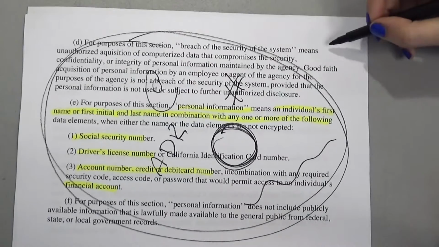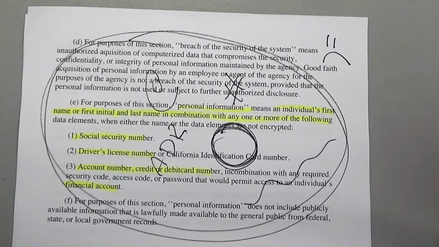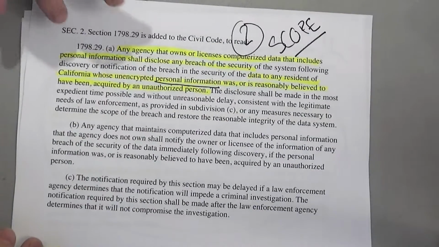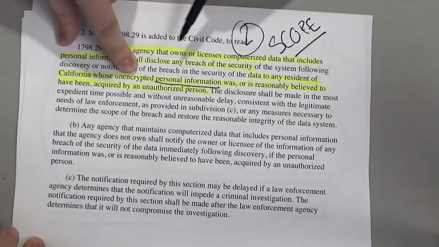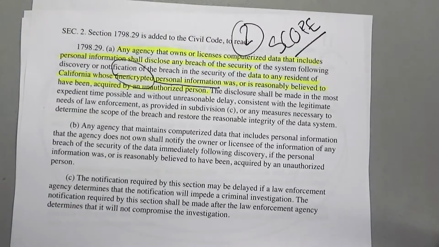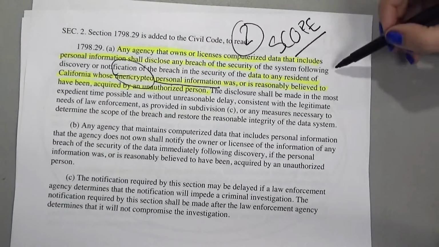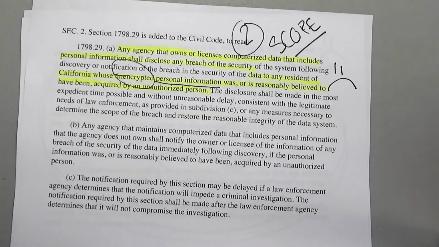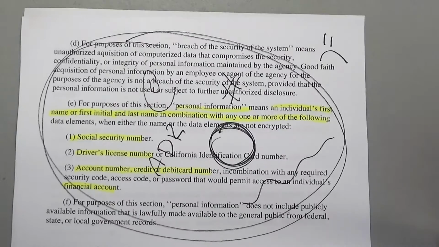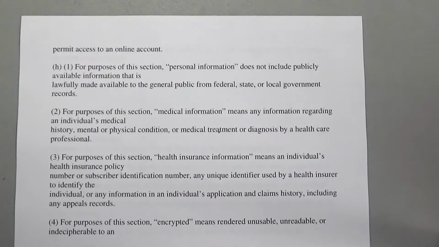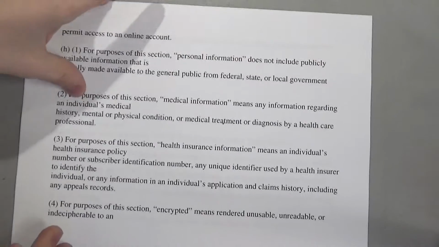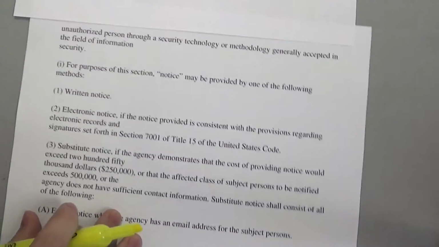One thing to mention actually is when this law was originally enacted back in 2003, there was a gap that is now actually being addressed. If we go back and look at the definition, it says that data must be unencrypted. In the 2003 version, it does not actually define what it means to encrypt data, which is a gap in what they're trying to address. So when they amended this in 2016, they added a definition of what it means to be encrypted.